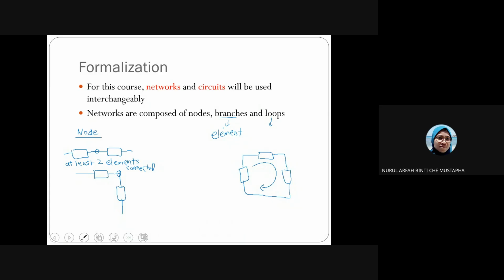But sometimes imagine that it is not actually closed. Okay, next element. So then so far the branch.